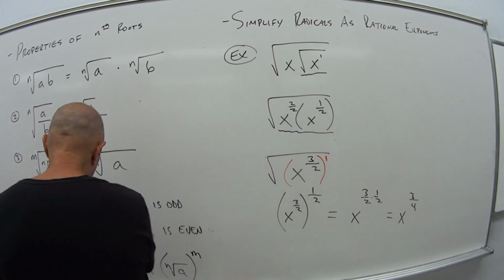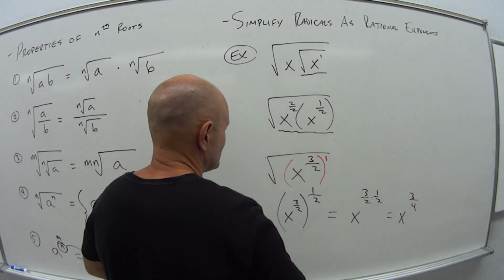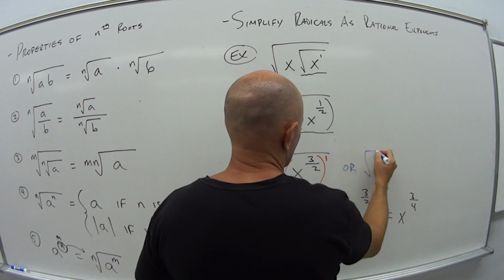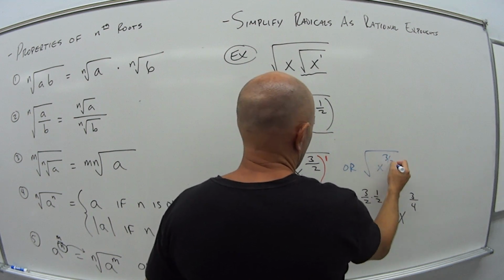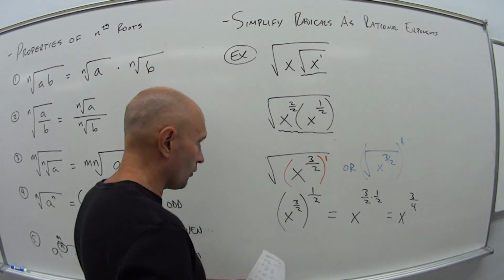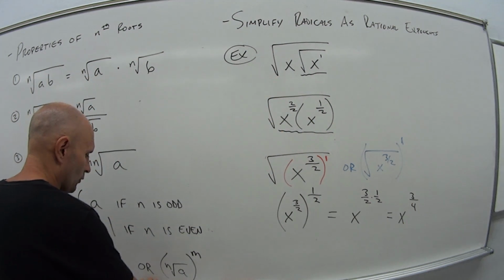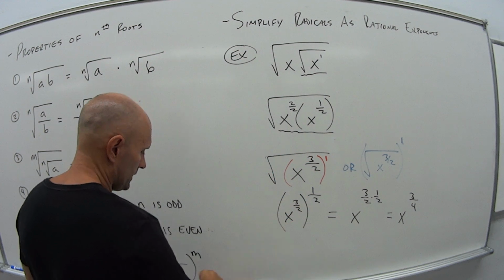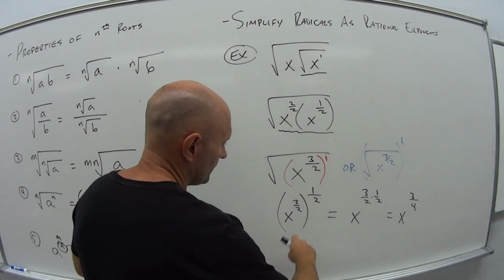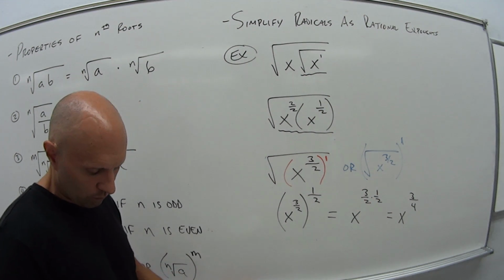Or you could think of it as x to the 3/2, the square root, all raised to the first power. And then again, that's how we get from this line down to here with x to the 3/2 to the 1/2 power. And as I said, then we're going to use our exponent rules.